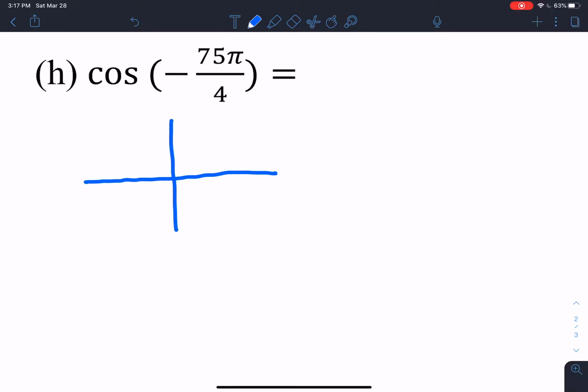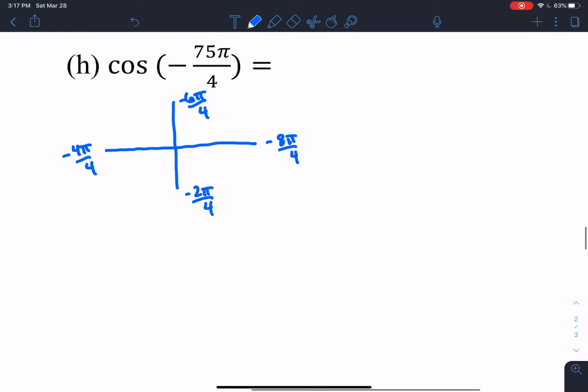One time around would be -8 pi over 4. That's one full rotation. So just label your axis. Again, this might be a good idea to get your calculator out. How close to 75 can I get using 8 pi over 4? I know that 8 times 9 is 72.